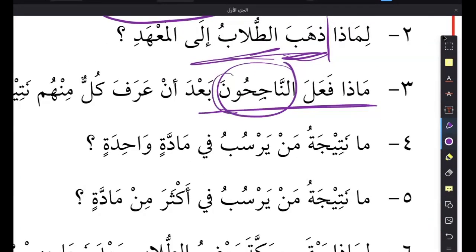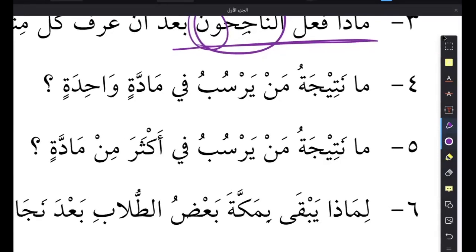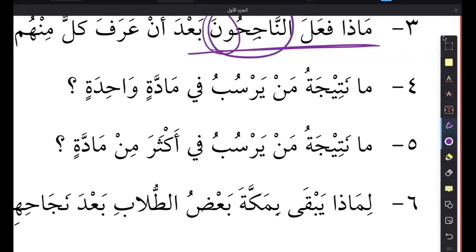Why? Because this waw nun, remember, jam' mudhakkar salim, it is waw nun that represents dhamma, right? And ya and nun represents mansub or majroor. Yeah. ما نتيجة من يرسب في مادة واحدة؟ What is the result of who fails in one subject?